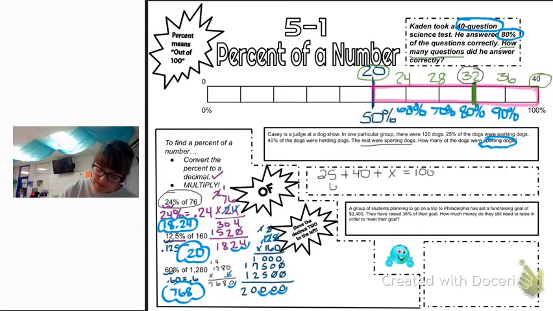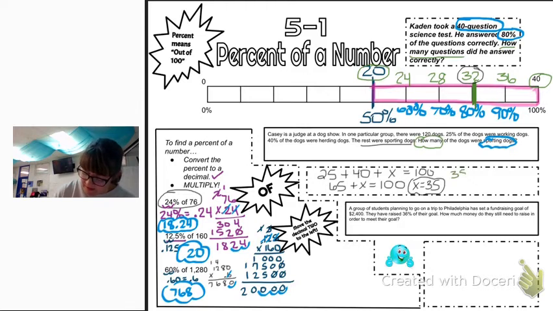Well, 25 plus 40 is 65. So if I subtract 65 from 100, we get 35. So I know that 35% of the dogs are sporting dogs, but the question doesn't say what percent, it says how many.